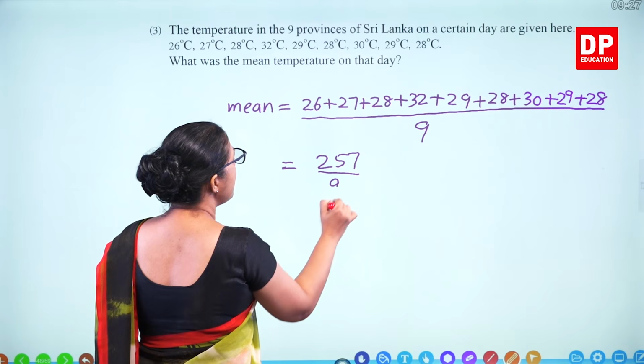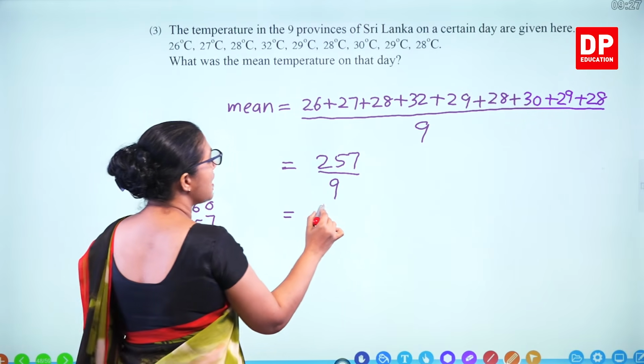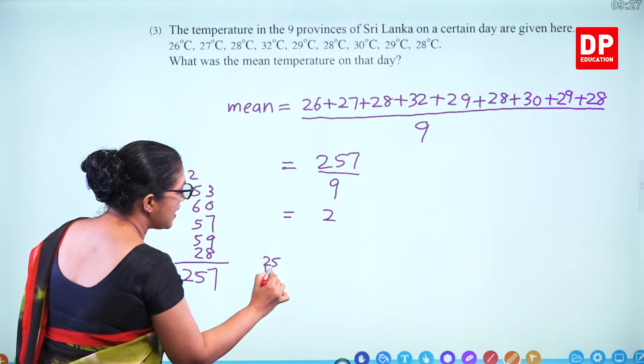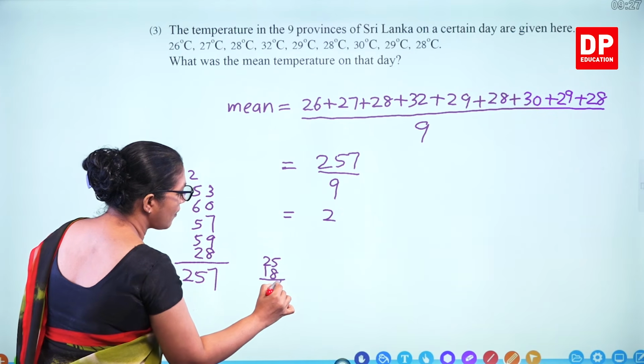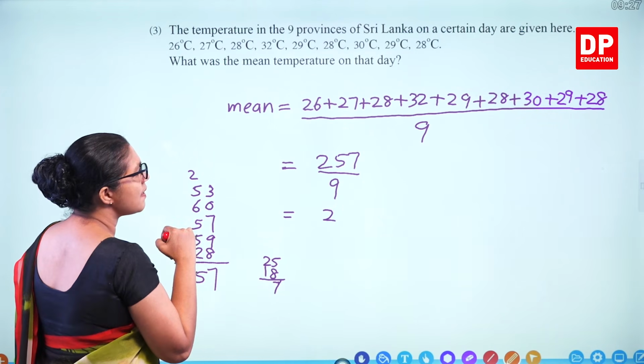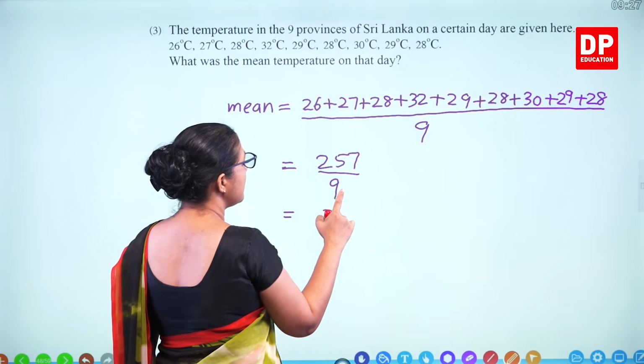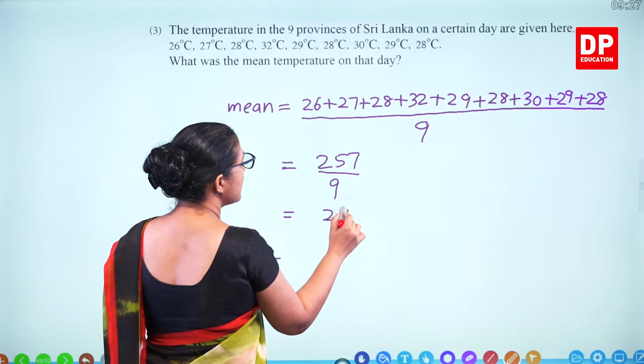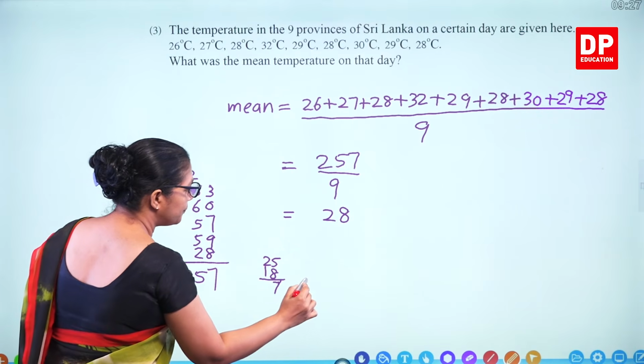257 divided by 9. 9 times 2, 18. 25 minus 18, 7. For 77, 9 times 8, 72.